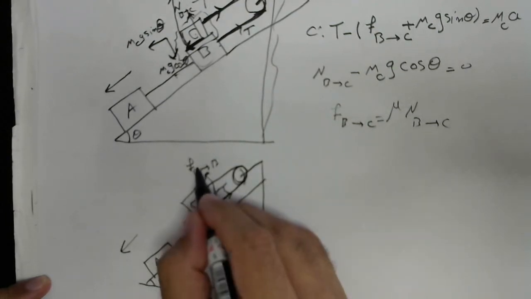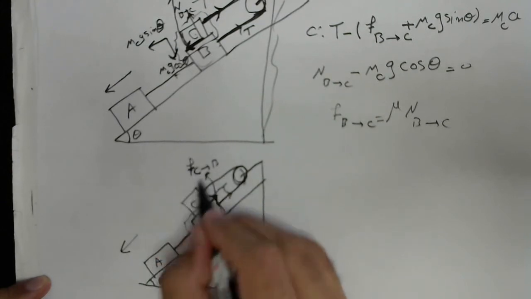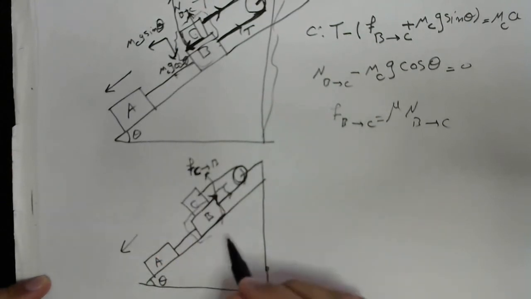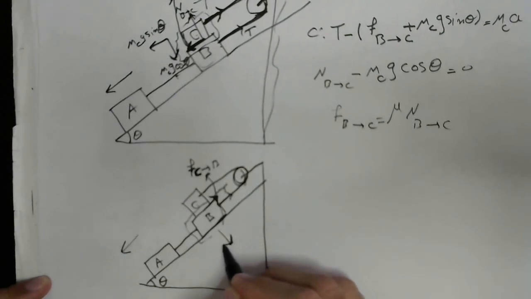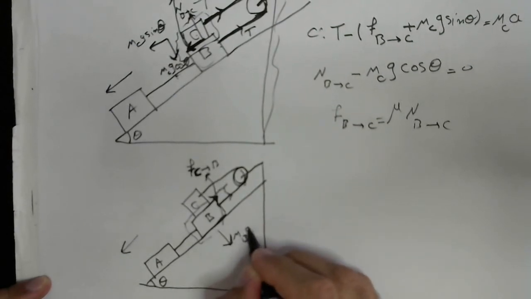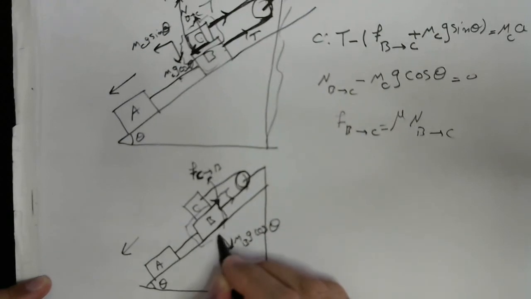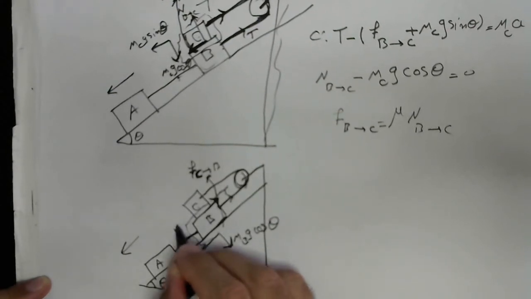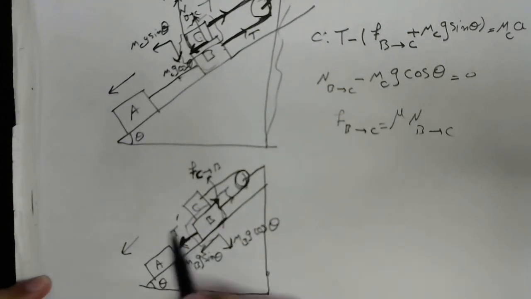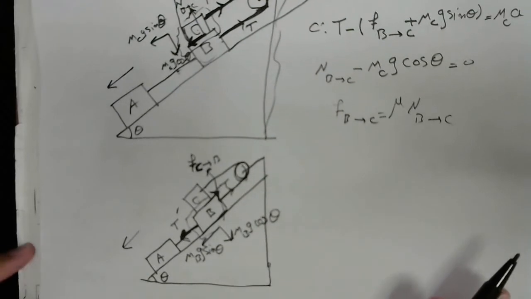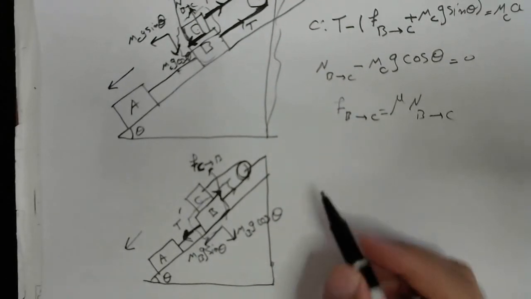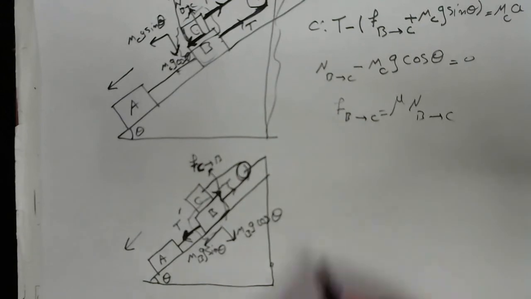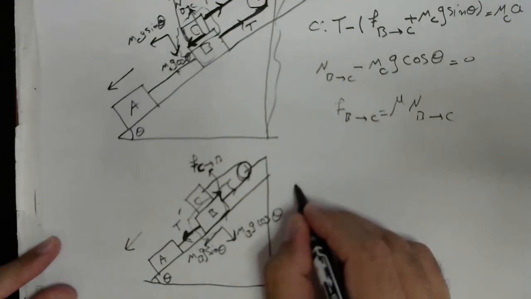Action and reaction. Third law of Newtonian mechanics. And then you do have the MBG cosine theta and MBG sine theta, and then there is a T prime. And T prime is the driving force now for object B. So we could say B is the system.